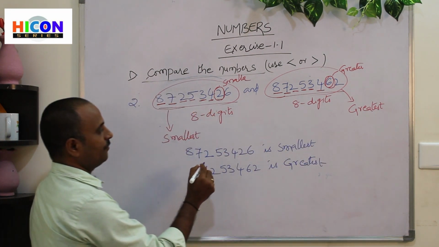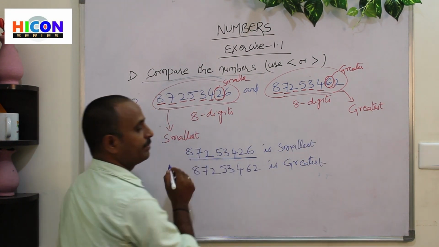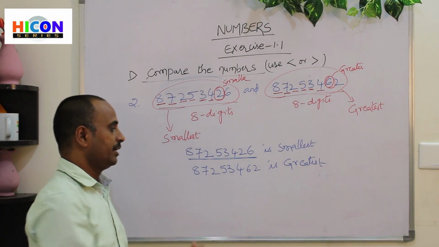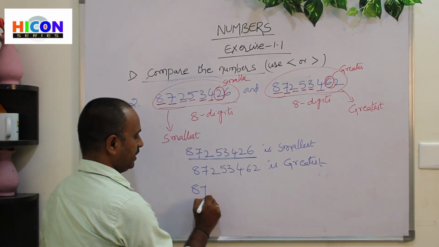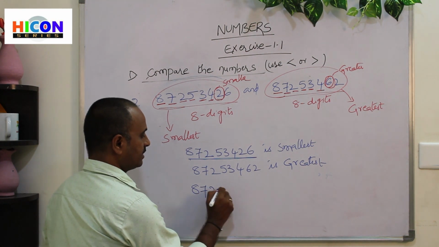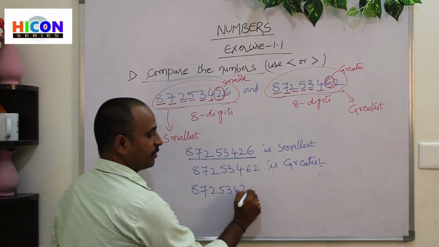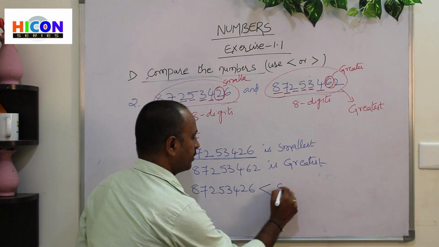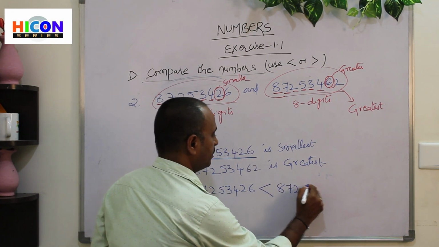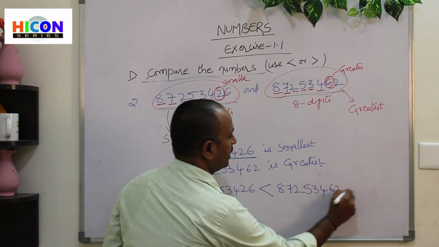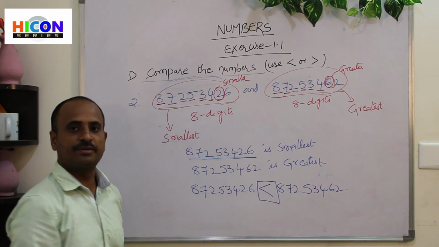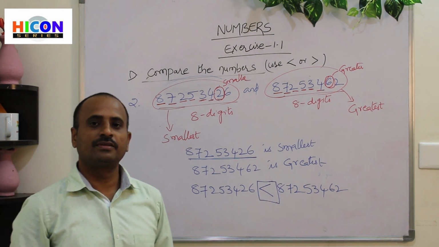So here the first number is the smallest number, that's why we have to use the symbol less than between these two numbers. So 8 crores 72 lakhs 53,426 is less than 8 crores 72 lakhs 53,462. So we have to use the less than symbol among these two numbers.